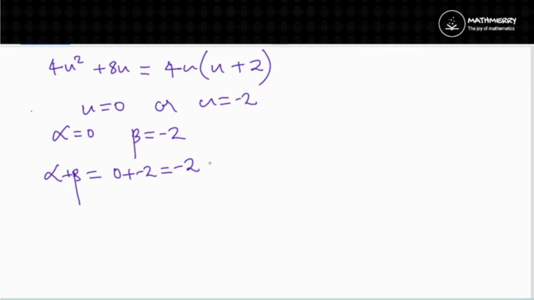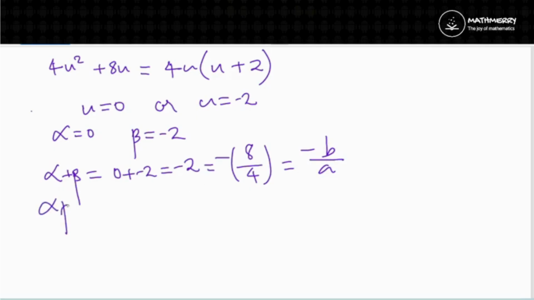Can we write this as minus b by a? Here b is 8 and a is 4. So minus of 8 by 4, which is our minus b by a. So this is also verified.